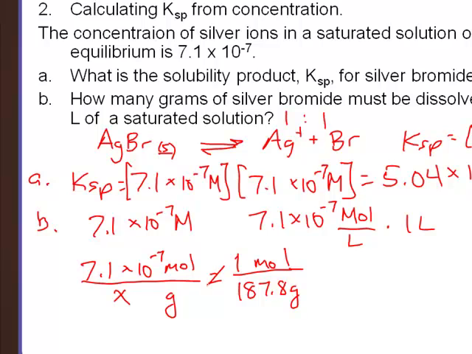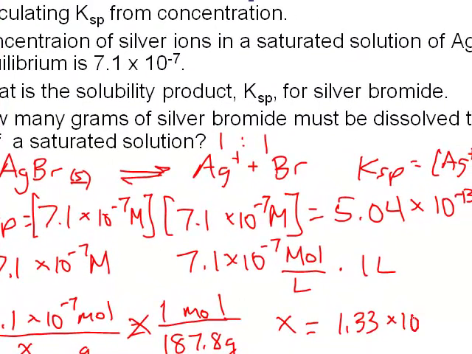And then we can cross multiply to find out our value for x. So x in this case equals 187.8 times 7.1 e negative 7. And that gives us a calculated value for x equal to 1.33 times 10 to the negative 4th grams.